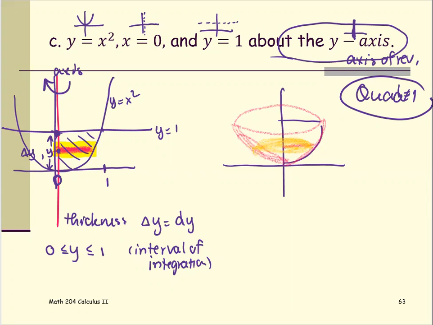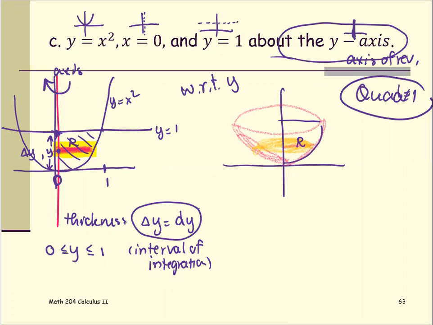And that disc has the radius r, which is the measurement from the right graph to the left graph. Everything will be with respect to y for this situation, because the thickness is the change in y.